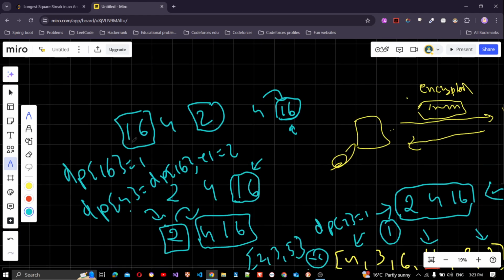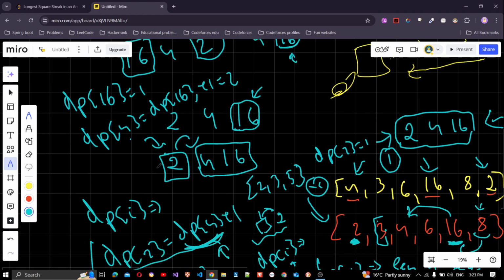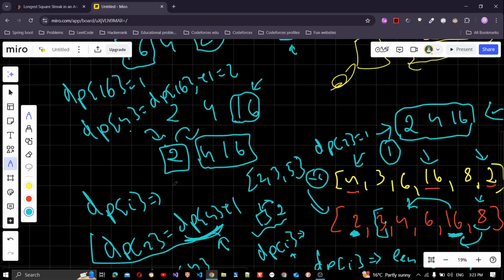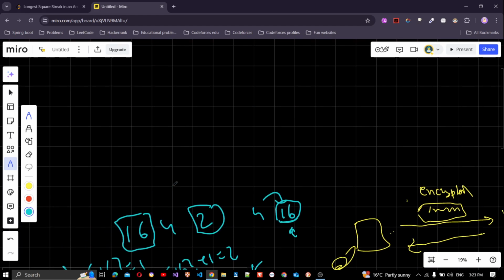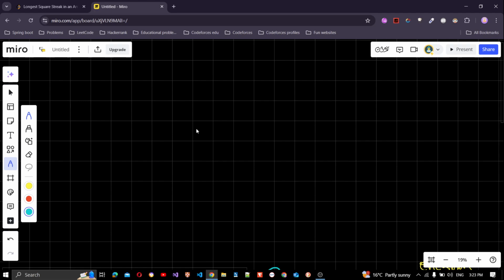Just like I said, you can sort it in decreasing order, and you can look at it the other way around. So essentially, let's just recap what we did.